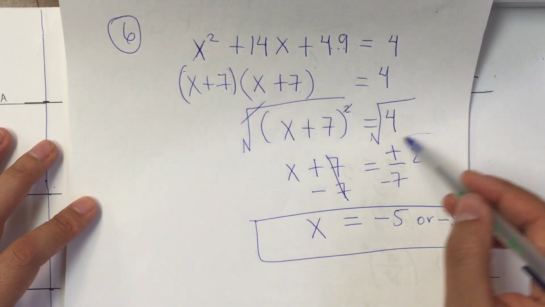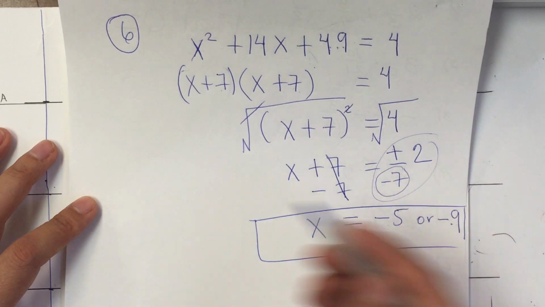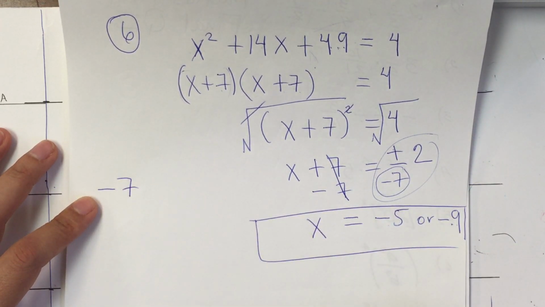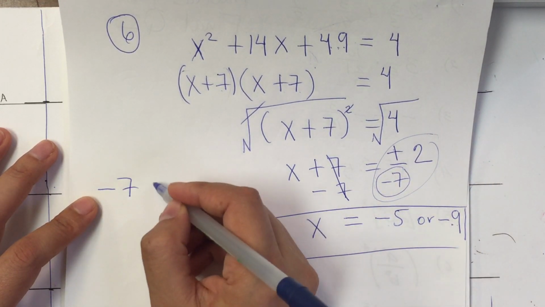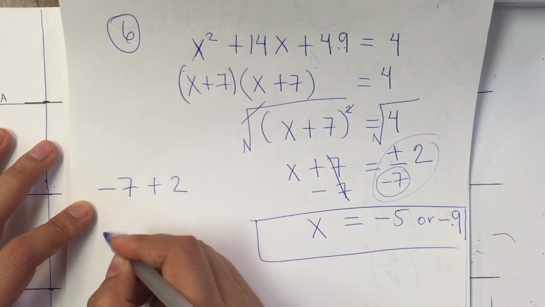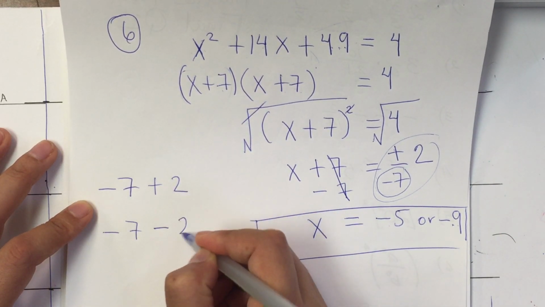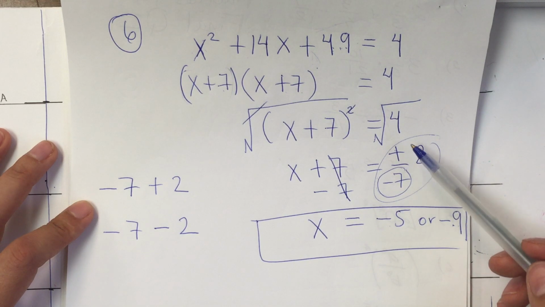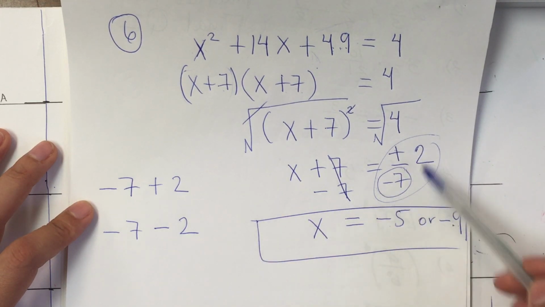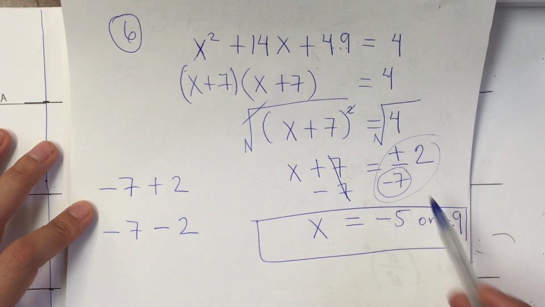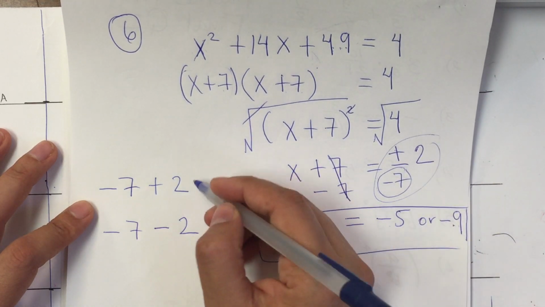If you need to see this work, remember that you just write the negative 7 first, and then plus minus 2. You can do plus 2, and then negative 7 minus 2. Okay, so you can do that on the side if you get confused doing it directly, both paths.